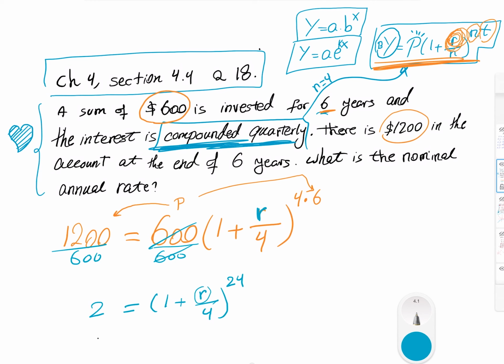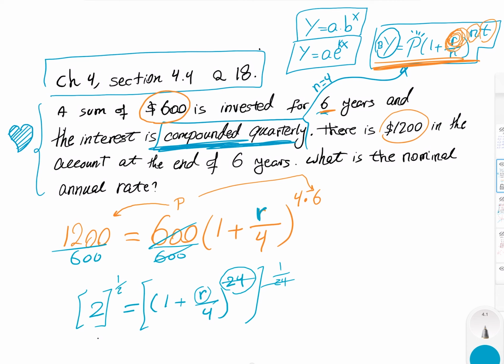I don't have a calculator here, but first we have to get rid of this 24. I raise both sides to the exponent 1 over 24 to get rid of it. So we have 2 to the power of 1 over 24 equal to 1 plus r over 4.